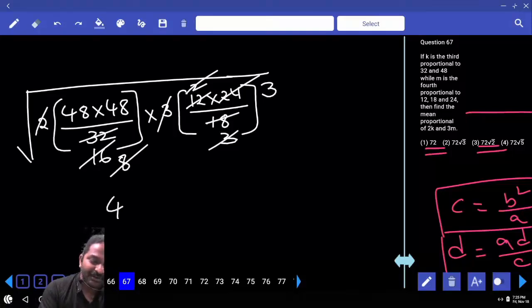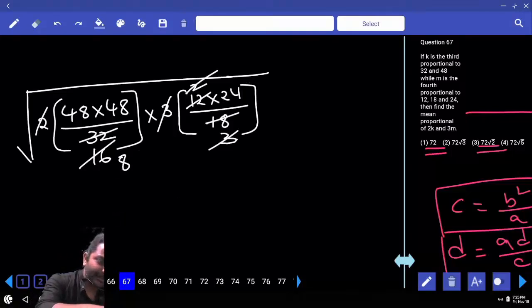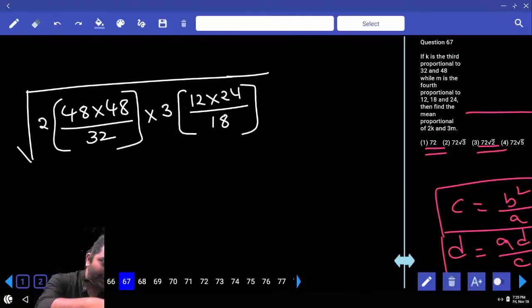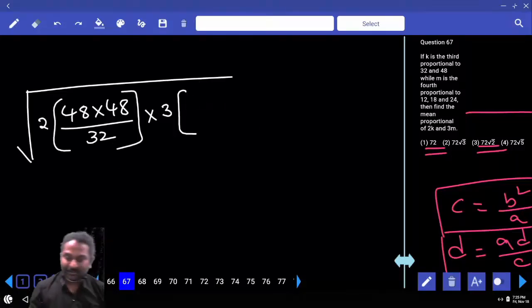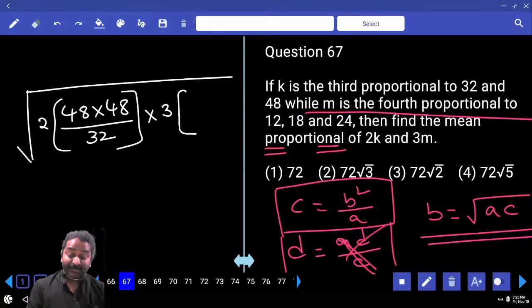48 square, when it comes out it becomes 48 only, and then under root, there is something else. Fourth proportional, AD is equal to BC by A. Yes, correct. BC by A, I am mistaken.